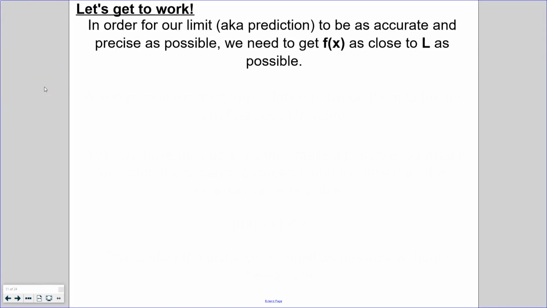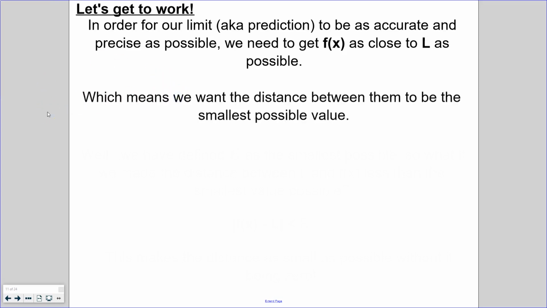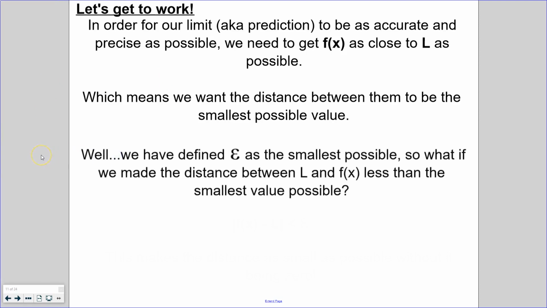So, in order for our limit, aka our prediction, to be as accurate and precise as possible, we said our goal is to get f of x as close to L as possible. Which means we want the distance between them to be the smallest possible value it can be. Well, fortunately for us, we have already defined epsilon as being some infinitesimally small number, the smallest possible value. So, what if we just made the distance between L and f of x less than the smallest number possible?